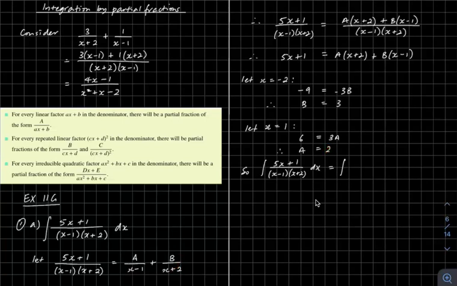So that's going to be 2 over x take 1 plus 3 over x plus 2. And both of those are anti-differentiable as logs, aren't they? So 2 times natural log of x take 1 plus 3 times the natural log of x plus 2 plus c.